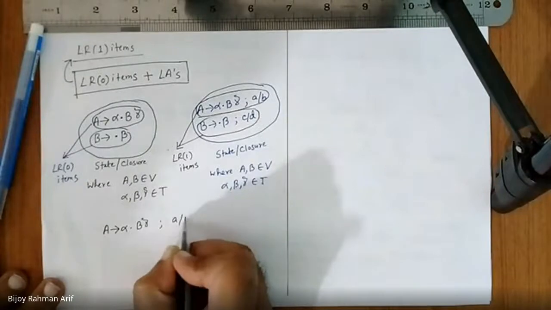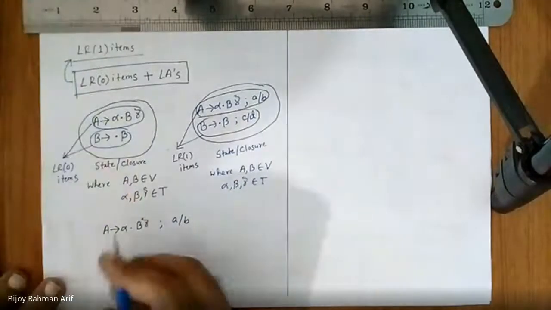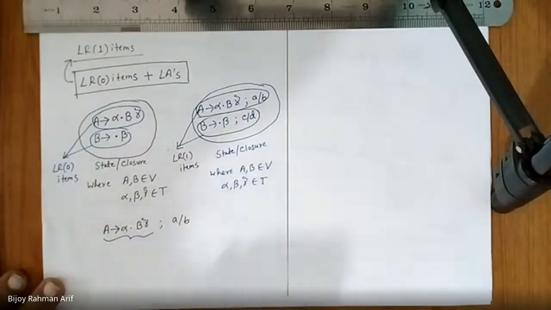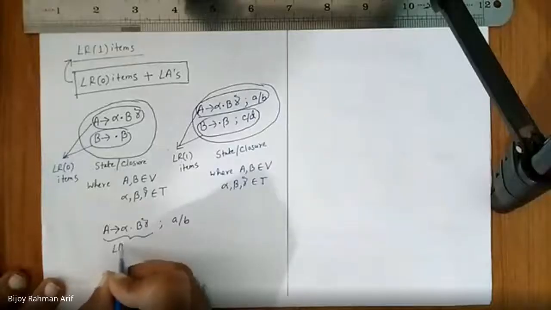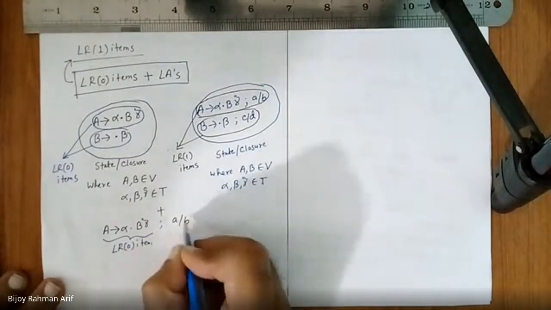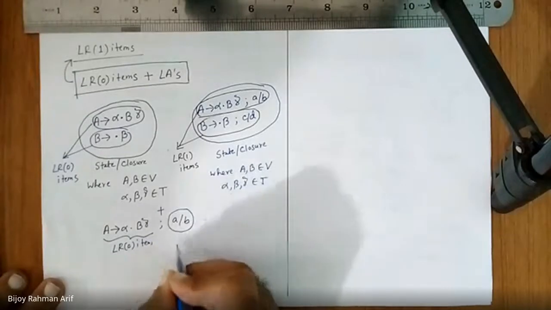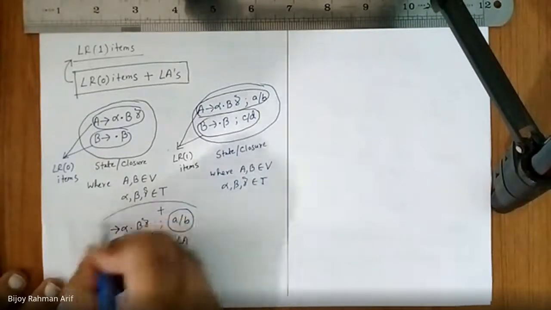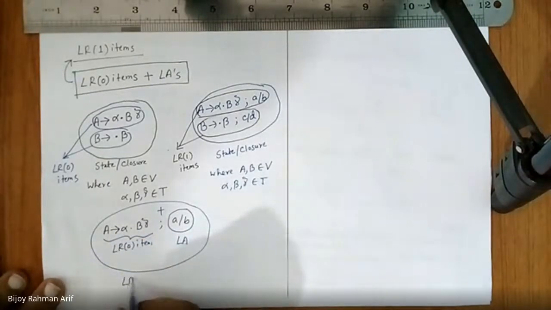What is this part up to here? This is nothing but LR0. But we also added something more, which is nothing but the look ahead. Together, they become LR1.